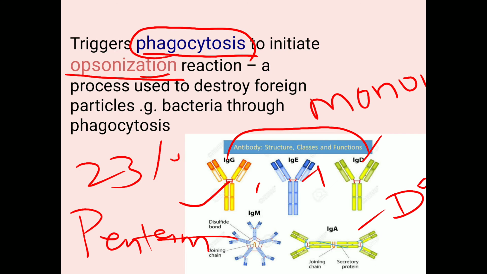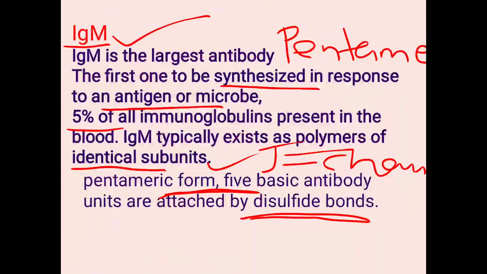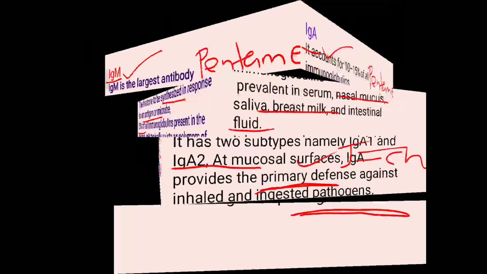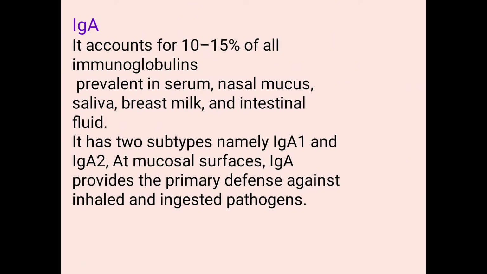These antibodies, we have already discussed in the structure of antibody. These antibody dimers are joined by disulfide bonds. IgA constitutes 10 to 15% of the immunoglobulin, and it is present in serum, nasal mucus, saliva, and breast milk as well.